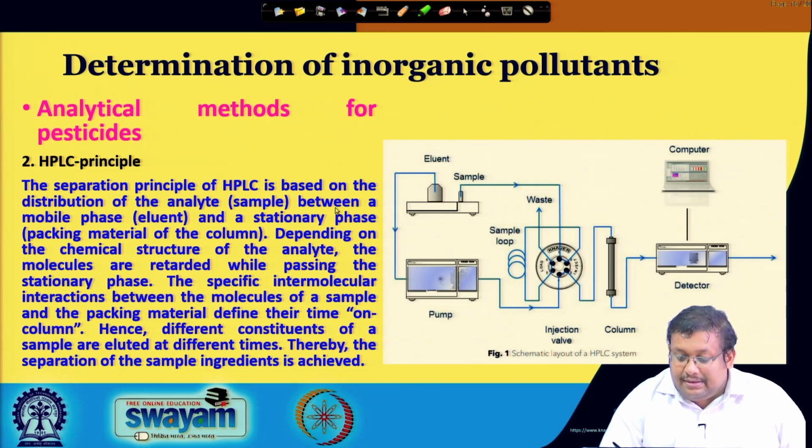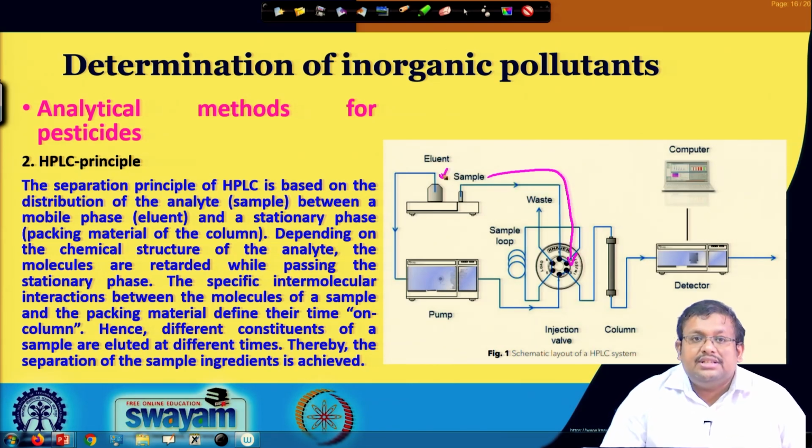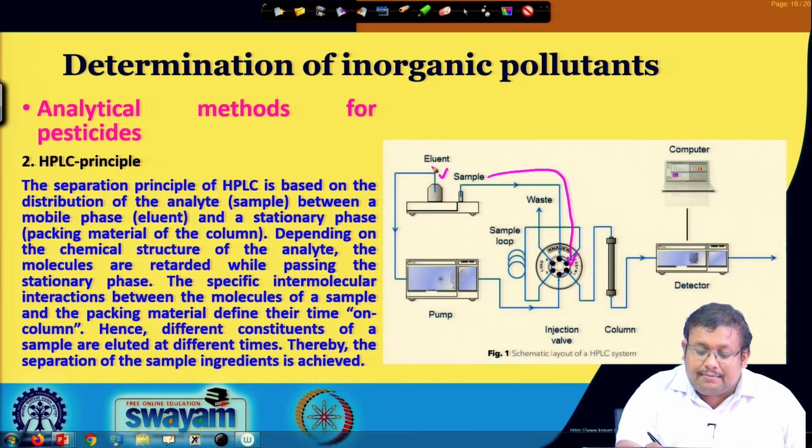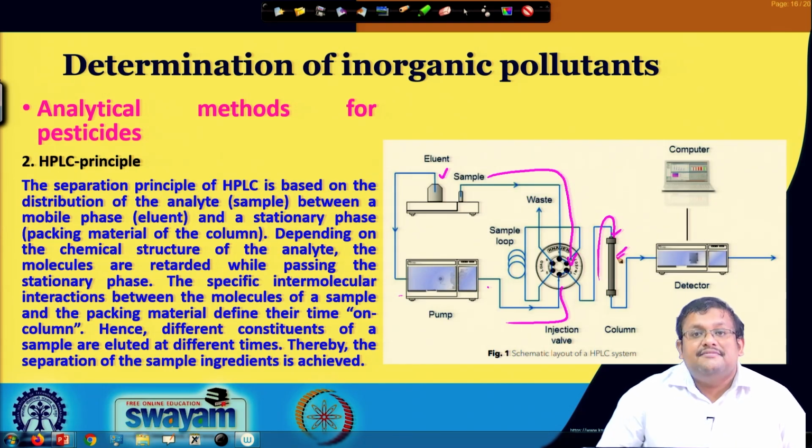Basically you can see in this picture there is a sample which we are injecting through this injection valve, and also there is an eluent which is the mobile phase. We are moving this eluent through a pump at high pressure, and this eluent is moving with the sample through a column which is packed with a stationary phase.